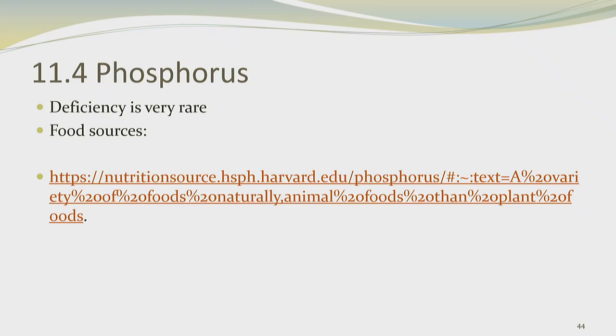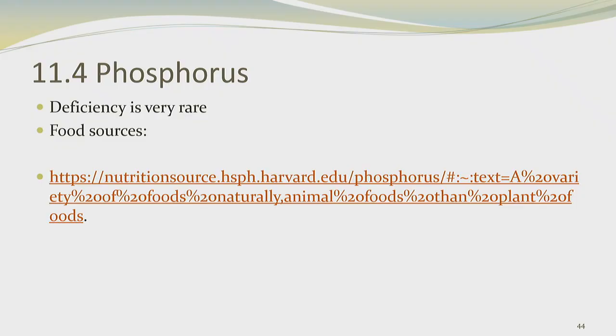Deficiencies are very rare, and so we're not going to spend a lot of time talking about it. It's not a nutrient of concern in our part of the world. And food sources include animal source foods, dairy, meats, plants, legumes.